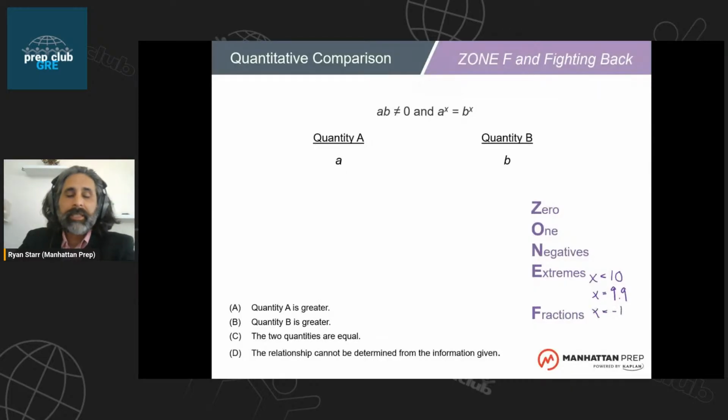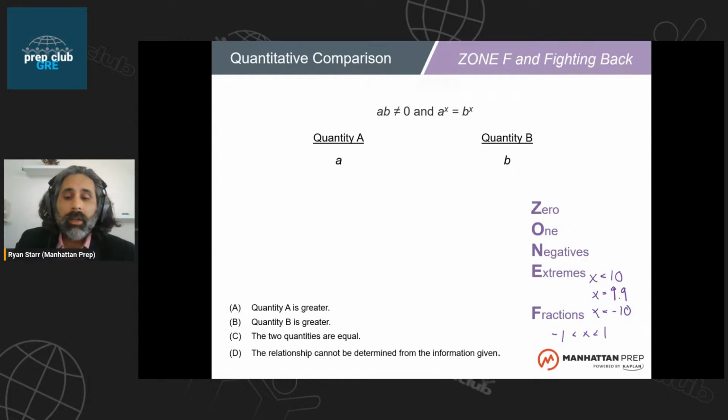It could go extremely close to that border of 10, or extremely far away from it. Fractions, we're typically talking about fractions between 0 and 1 or between negative 1 and 1. That is to say, proper fractions, little fractions. We don't care so much about big fractions.